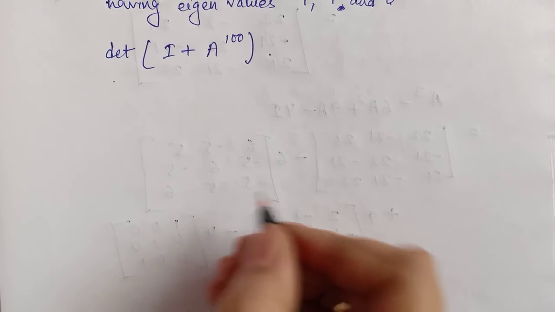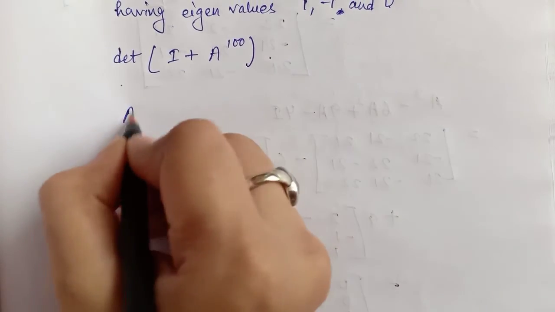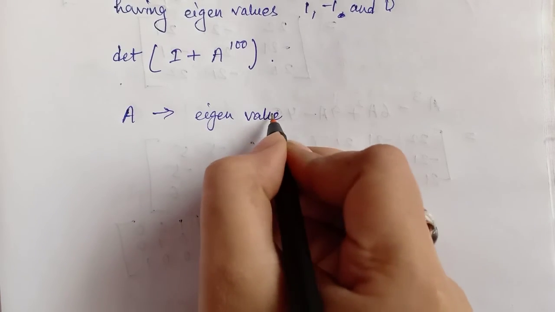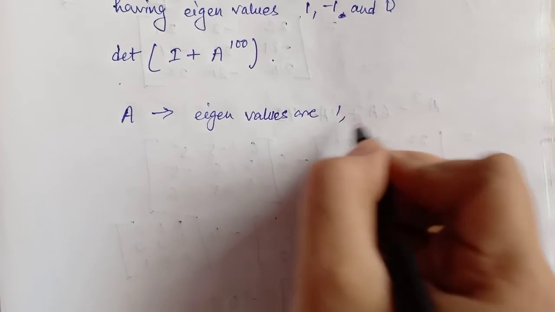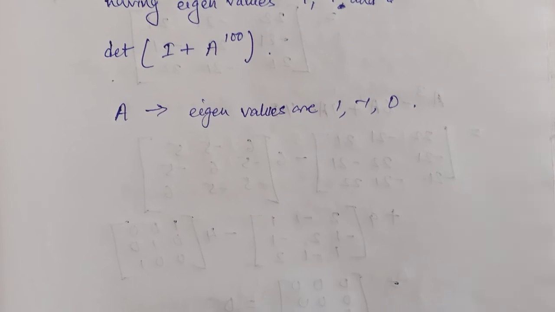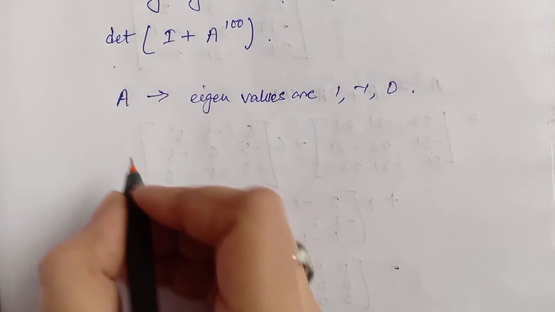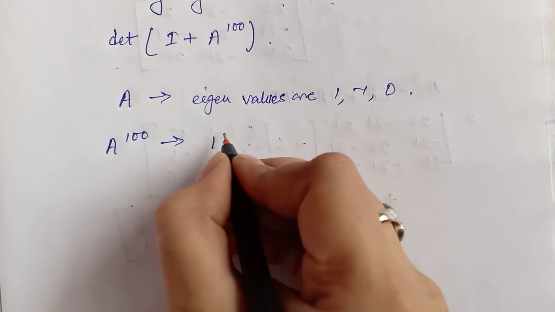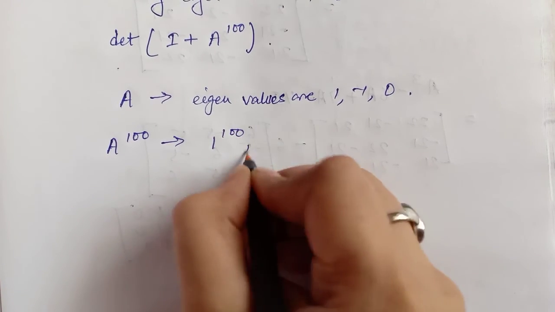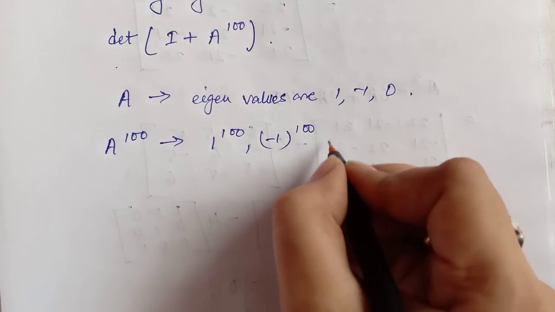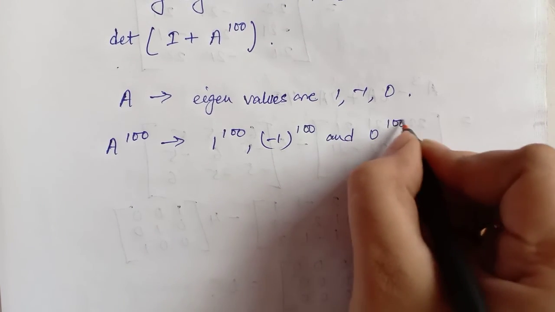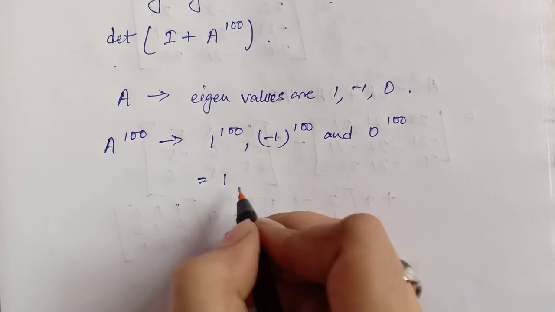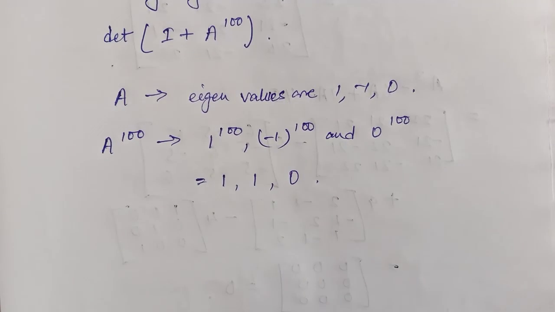Since the eigenvalues of matrix A are 1, minus 1 and 0, therefore the eigenvalues of the matrix A to the power 100 would be 1 to the power 100, minus 1 to the power 100 and 0 to the power 100, which is 1, 1 and 0.